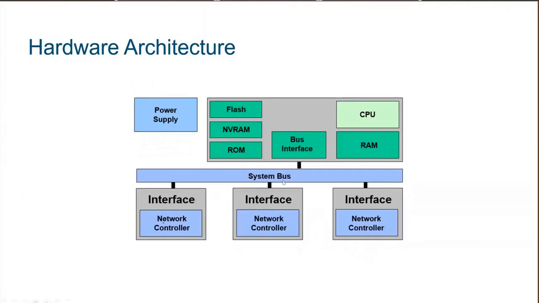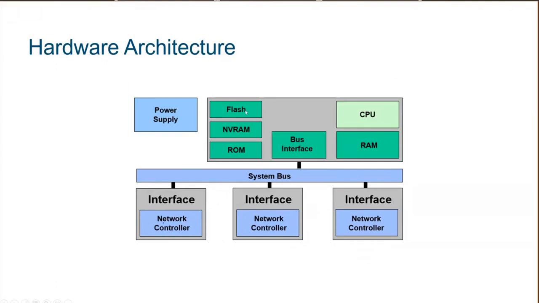Here is how it works. We have these modules where there is a controller. The controller takes care of buffering the packets and sending an interrupt to the device. There will be a system bus connecting the CPU to all those different modules, and the CPU will have the bus interface, similar to the interconnect of ASR 1K devices.